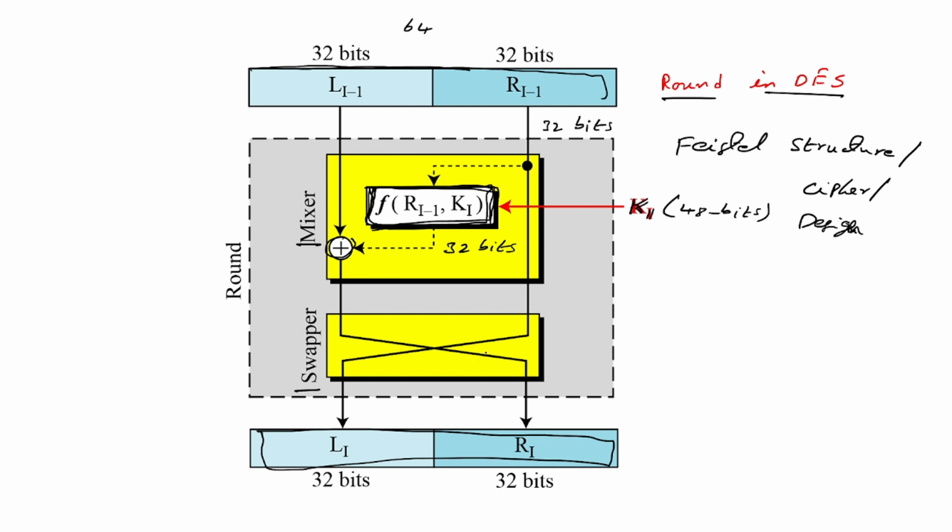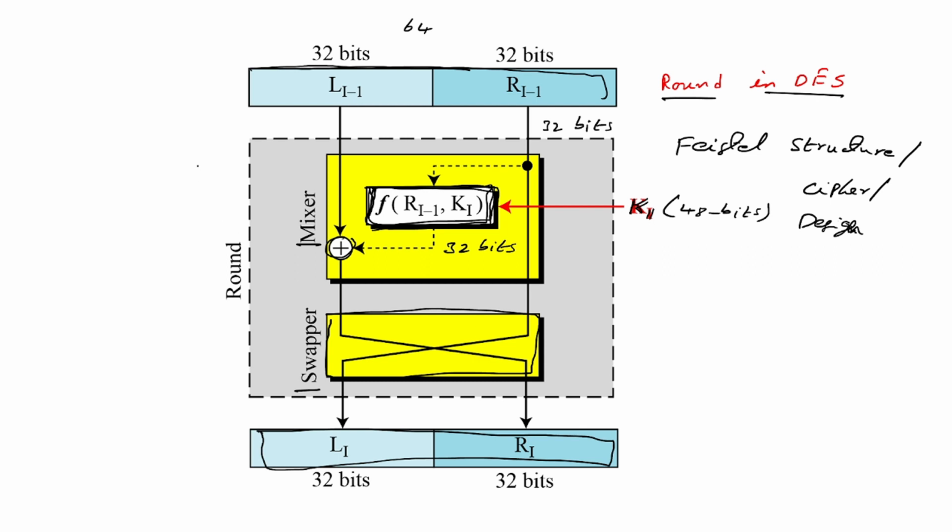The right half becomes the left half using the swapper. The second component in the round is the swapper, which swaps the two halves. So this is the Feistel structure.